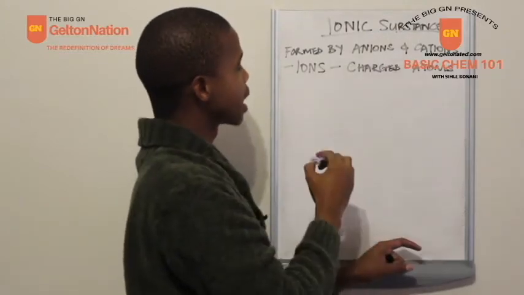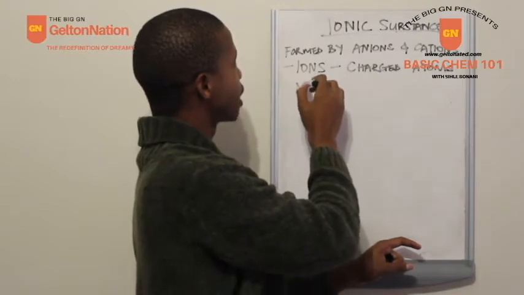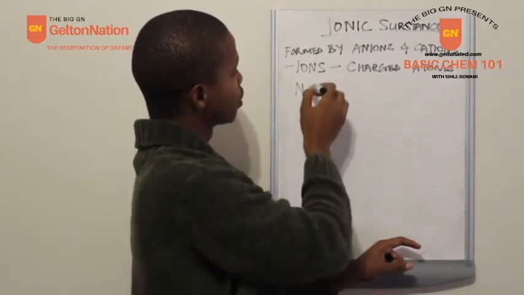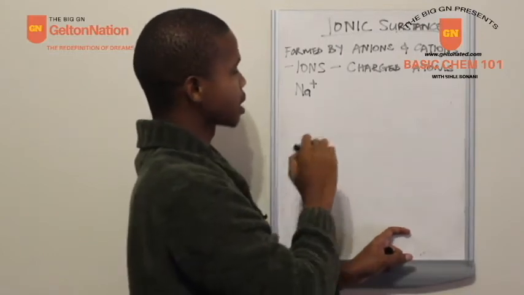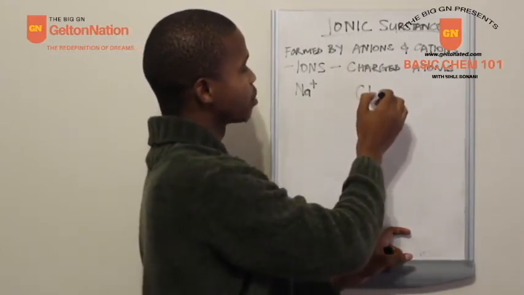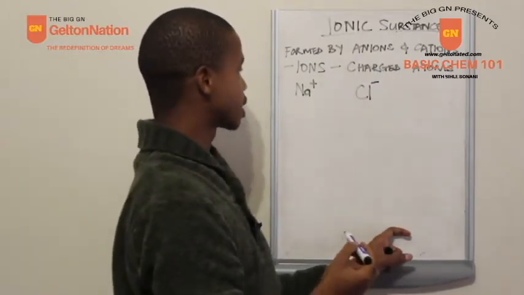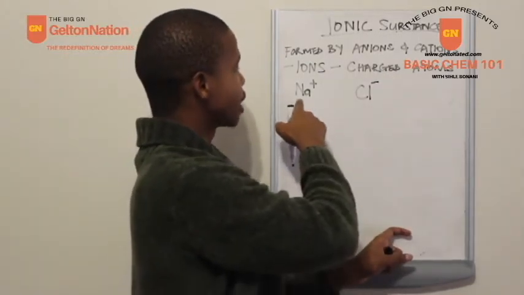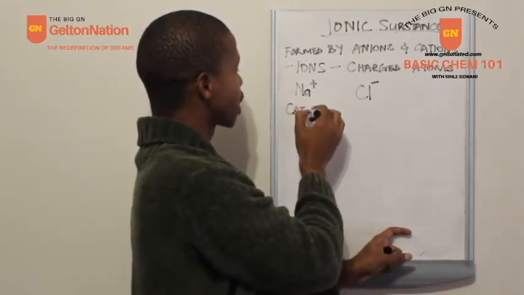What do we mean by charged atoms? Either an element or an atom will lose an electron to become positively charged, or an atom would gain an electron to become negatively charged. So when it loses an electron to become positively charged, it is called a cation.